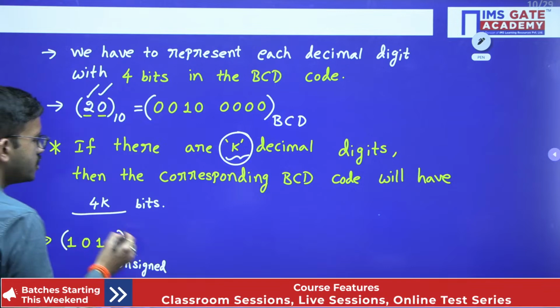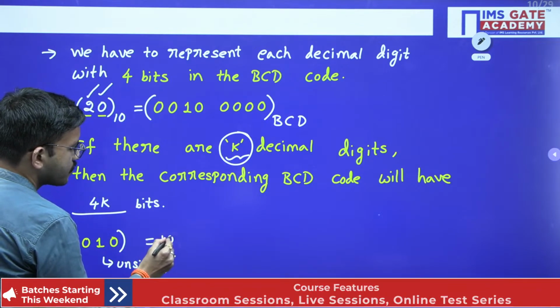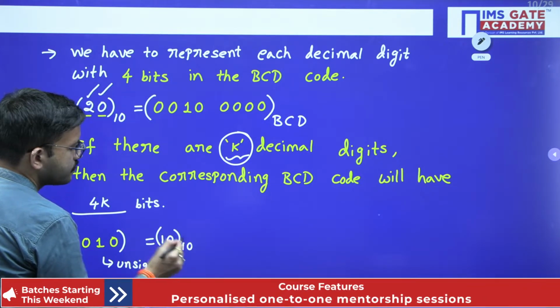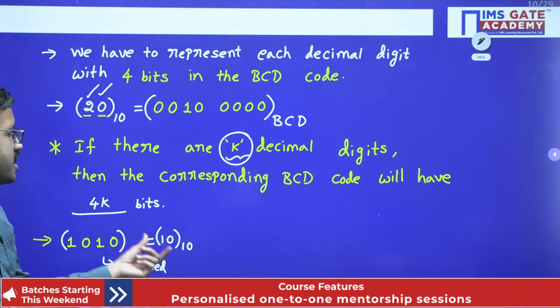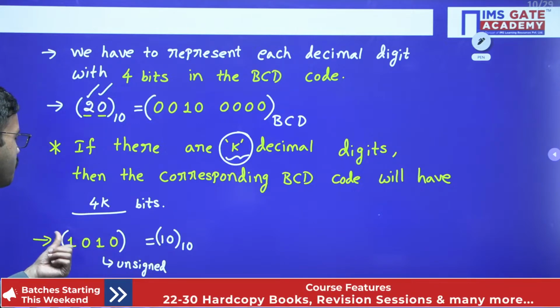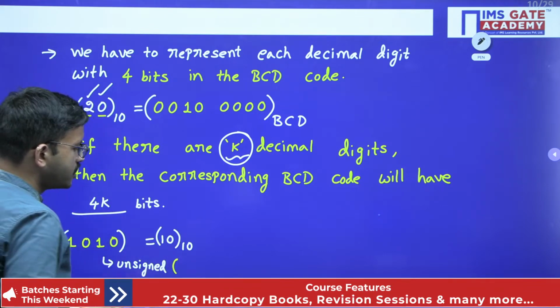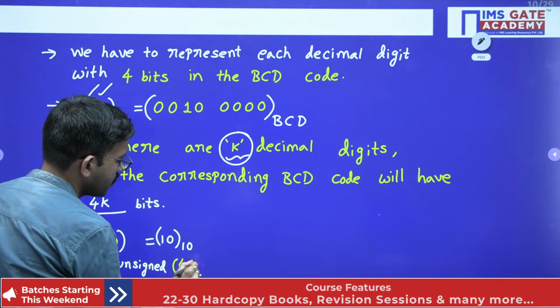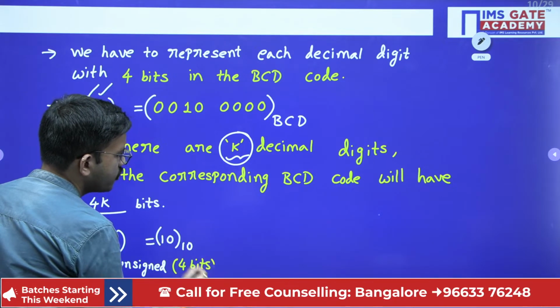So 1010 is nothing but 10. So for the decimal number 10, to represent it in binary in the unsigned case, only 4 bits are sufficient.